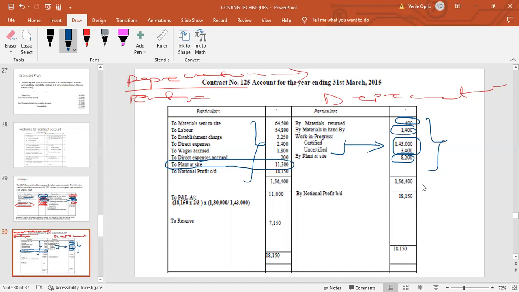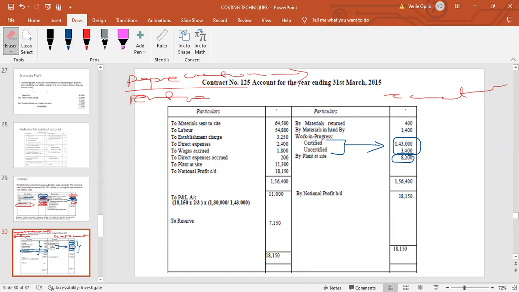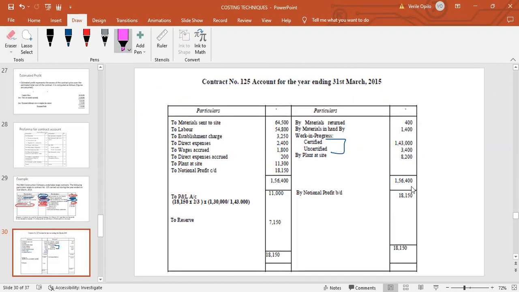Next, we compute the values on the debit side and the values on the credit side and see which one is higher. When we sum up, you're going to find that the values on the credit side are greater than the values on the debit side. The value on the credit side is equal to 156,400. Then we check the difference between the two. On the debit side we have 64,500 plus 54,800 plus 3,250 plus 2,400 plus 1,800 plus 200 plus 11,300.